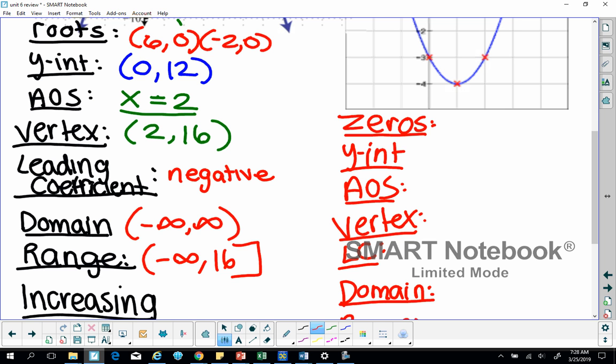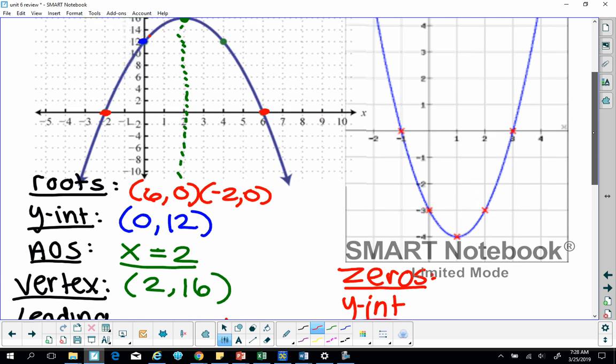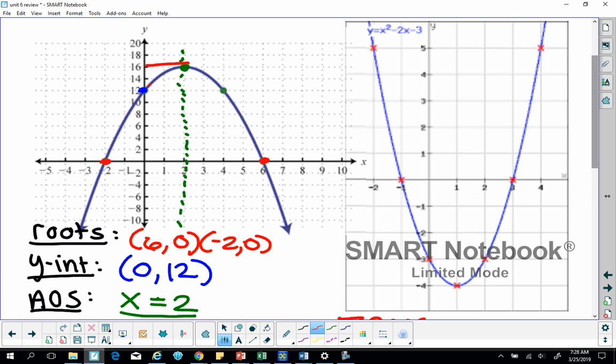The last two are the ones we really struggled with. The first one's increasing. So remember, I'm reading it left to right like this. When is it going up? Right here, is it going up? Yep, it's going up all the way until your x is what? 2, right?